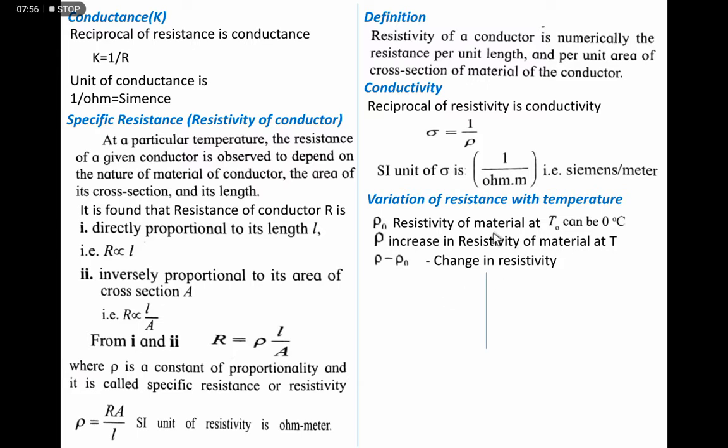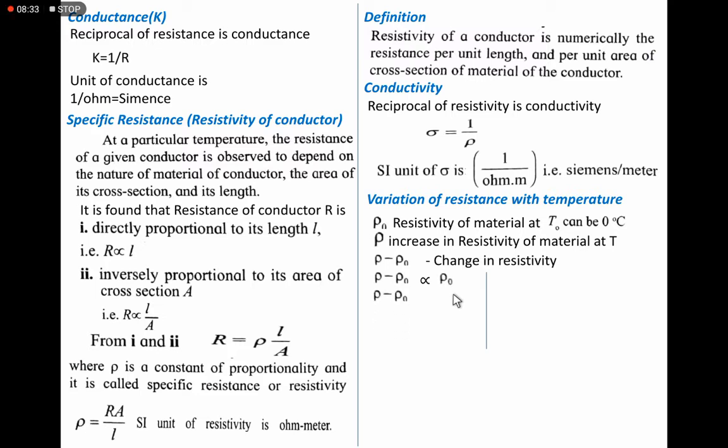Increase in resistivity means after some heat is supplied to the conductor, the resistivity increases. The original resistivity is this; if we subtract, we get the change in resistivity. This change in resistivity of the conductor is directly proportional to the original resistivity of the conductor.